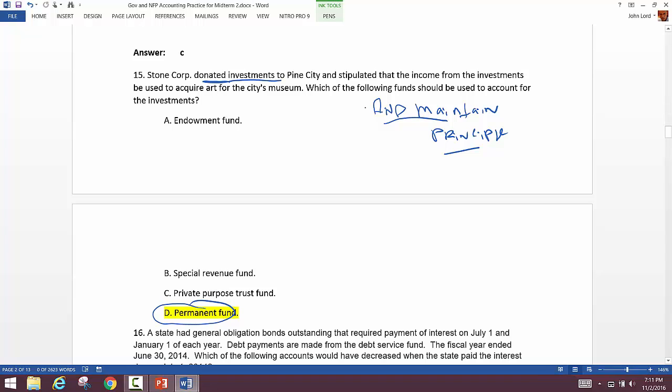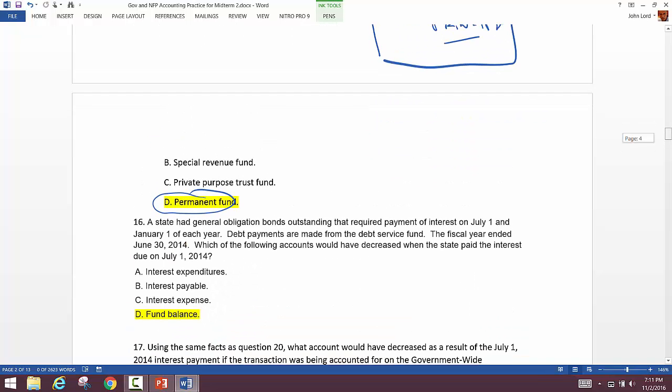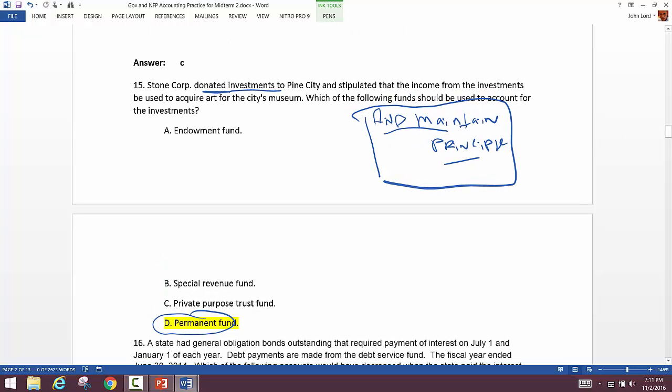They better had said this and maintained principal. It would have made this a better question. Yeah, donated an investment. So it is the permanent fund, but it's not the best writing of a question.